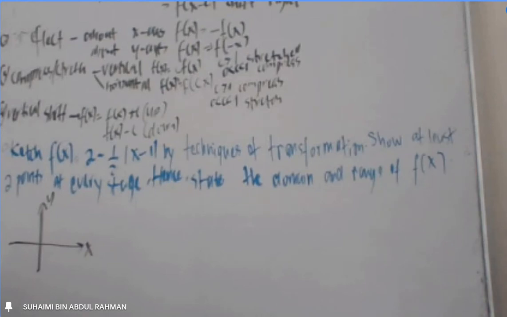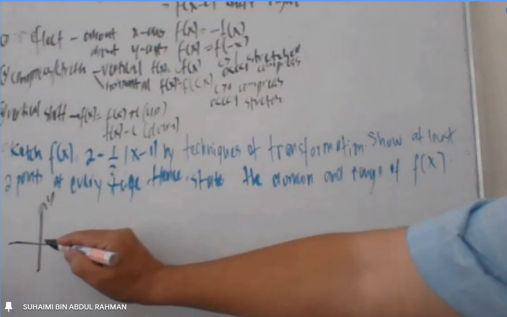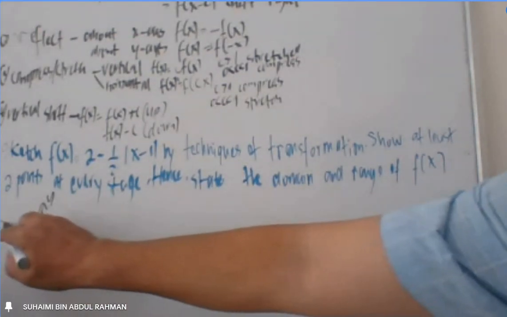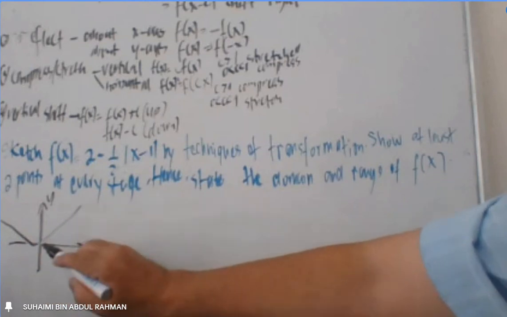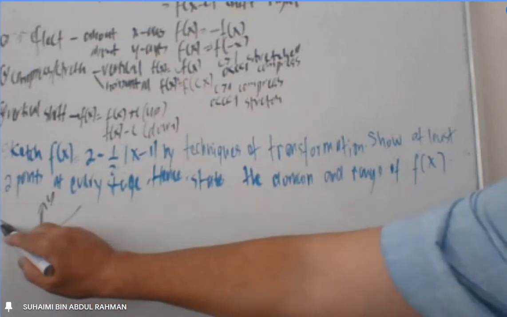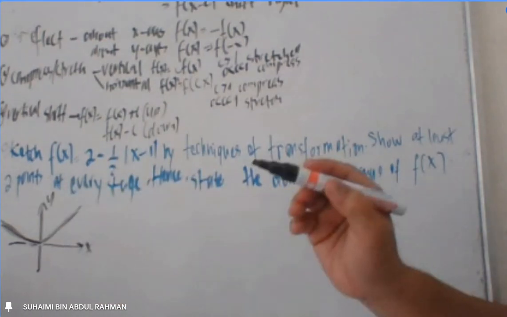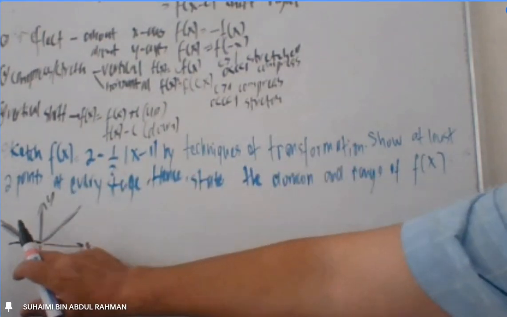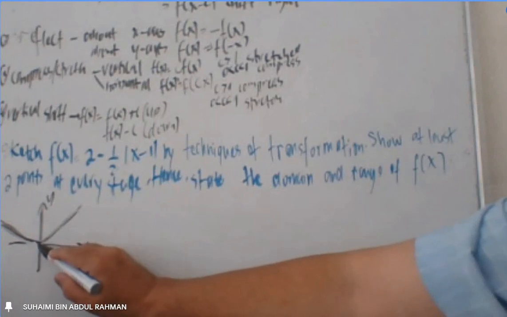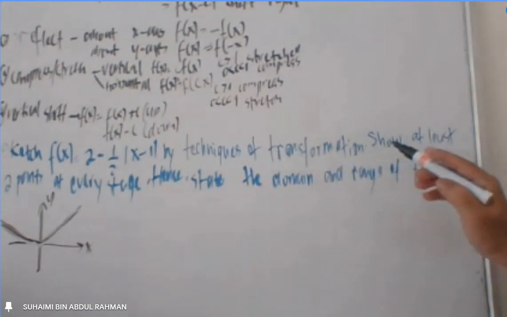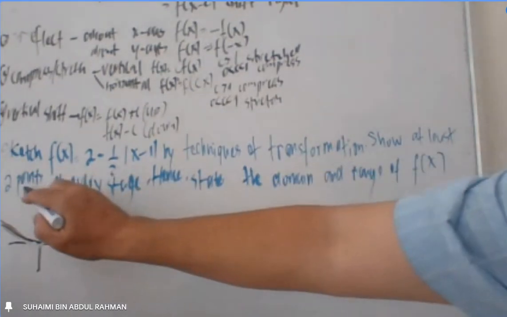I just told you last week: V. And what's the point here? Because we need to show at least 2 points.